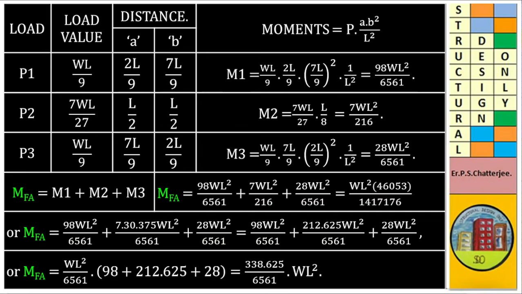Similarly M2, this is a point load at center, we know it will be 7WL by 27 into L by 8, is equal to 7WL square divided by 216. And the moment produced with P3 at the left hand support is M3 is equal to WL by 9 into 7L by 9 and 2L by 9 whole square into 1 by L square, is 28 WL square divided by 6561.